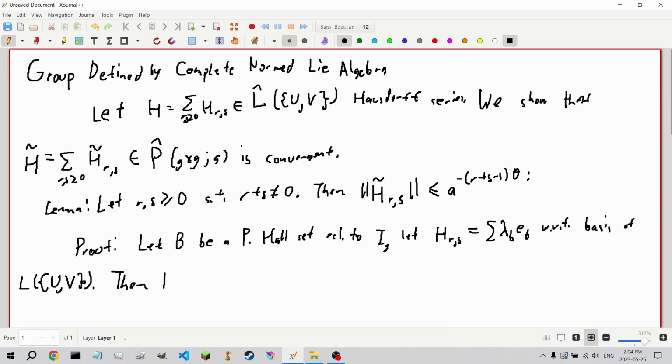Then the size of lambda B is at most A to the minus R plus S minus 1 times theta, which we've already shown in a previous proposition.